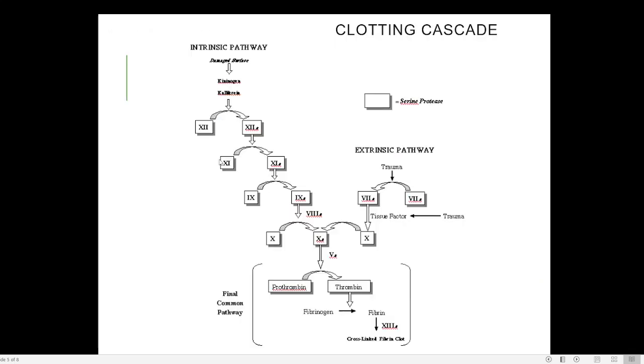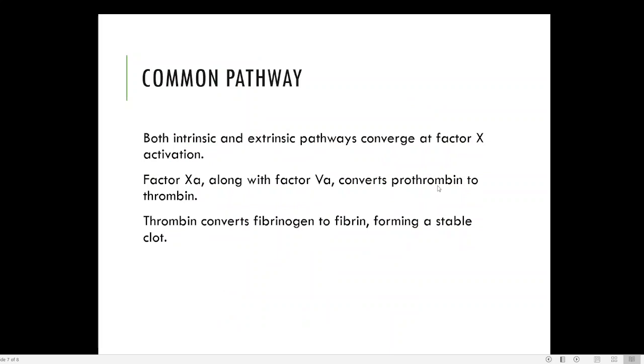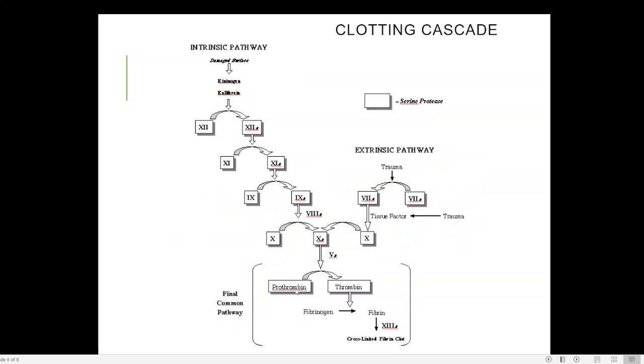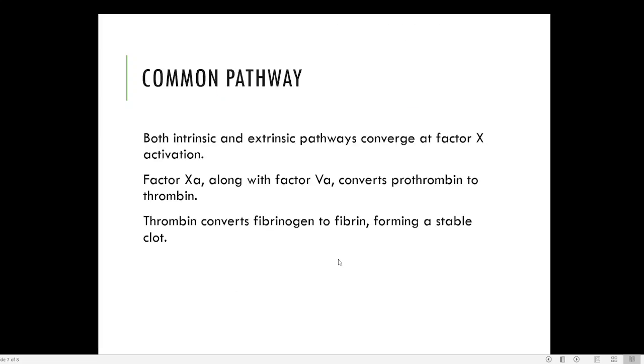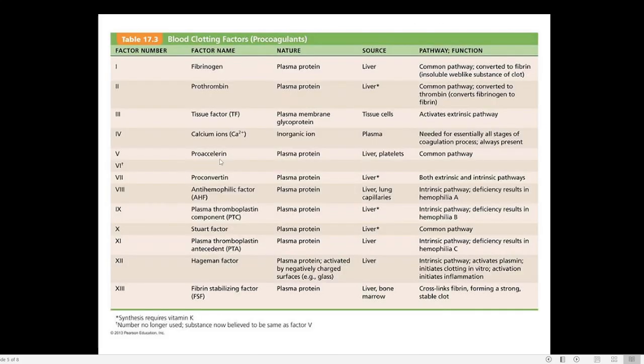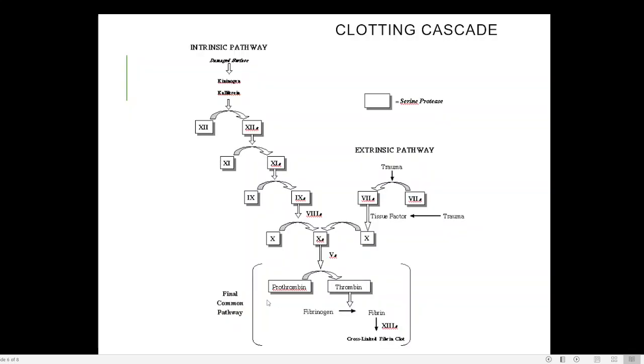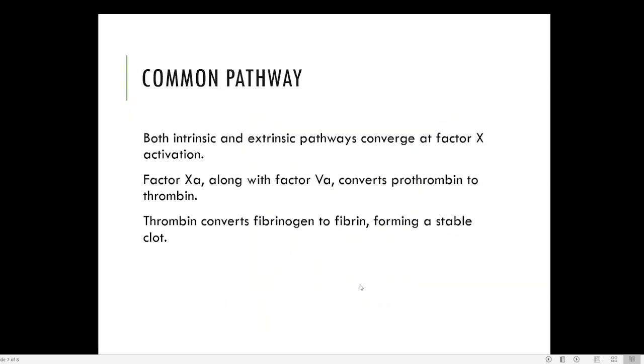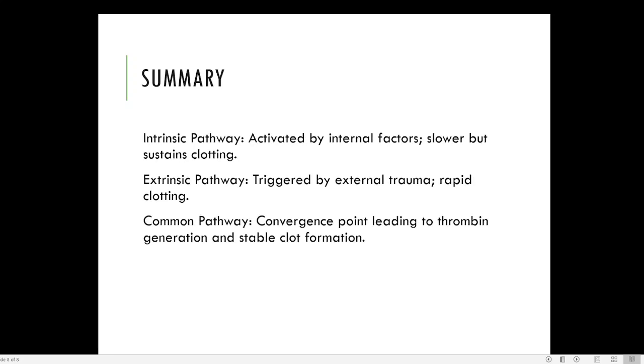Proaccelerin. So Stewart factor and 5A, the proaccelerin, together convert prothrombin into thrombin. Thrombin will be working on fibrinogen, converting it into fibrin, forming a stable clot, and that is what we are seeing here. This is a clot.